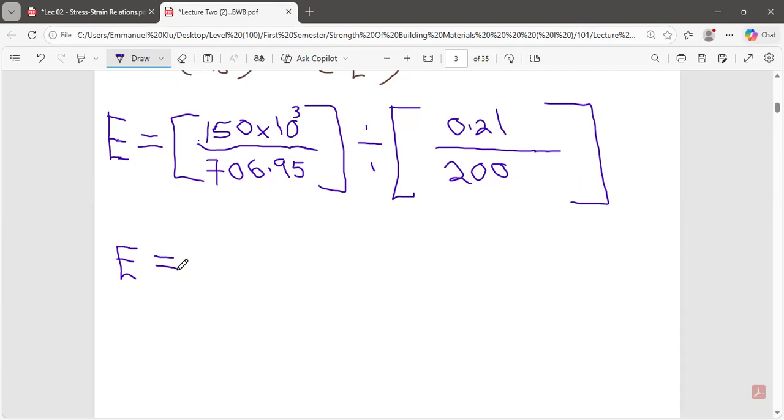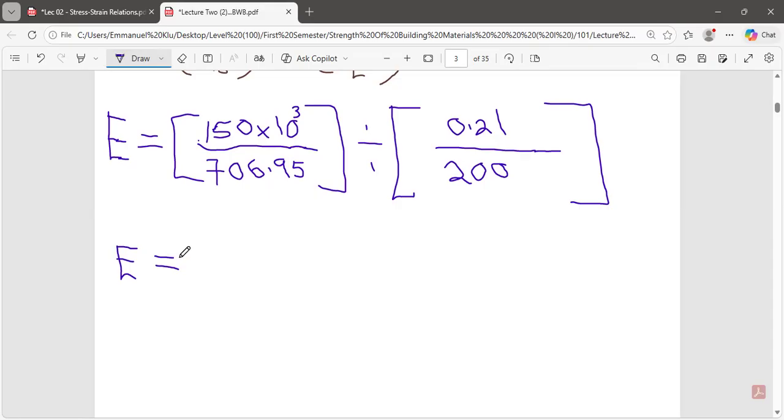Quickly close the bracket, bring your division sign, open another bracket on the calculator, punch 0.21, divide it by 200. You can now close your bracket, and you realize you are going to get 212.0753135.